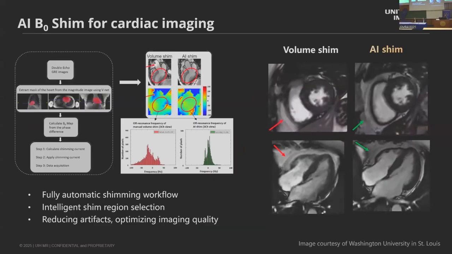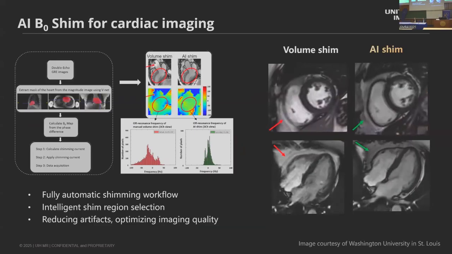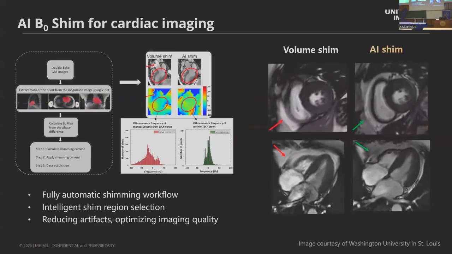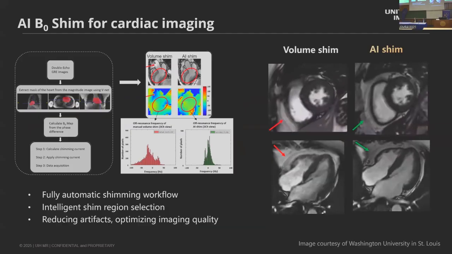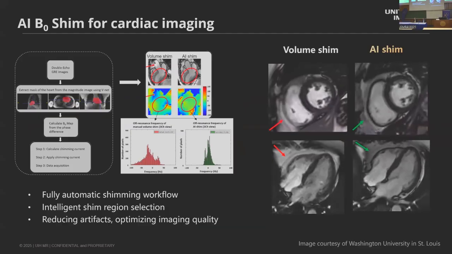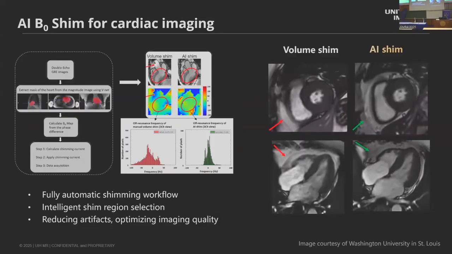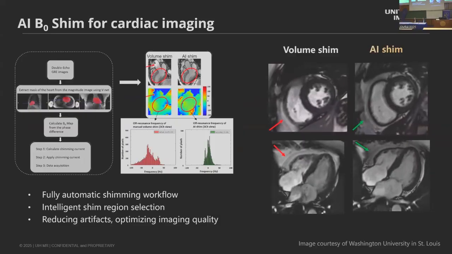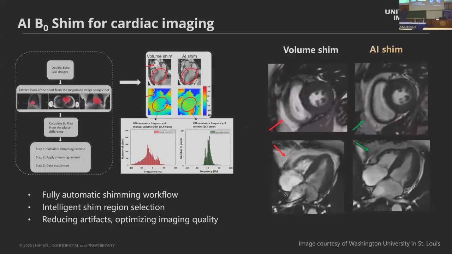So on our MRI systems, we employed AI solutions in the workflow at different steps that are time-consuming or lack robustness when done manually.